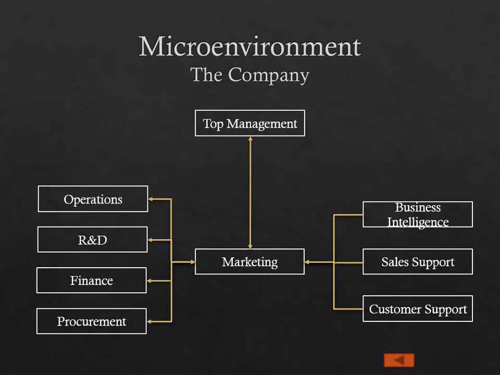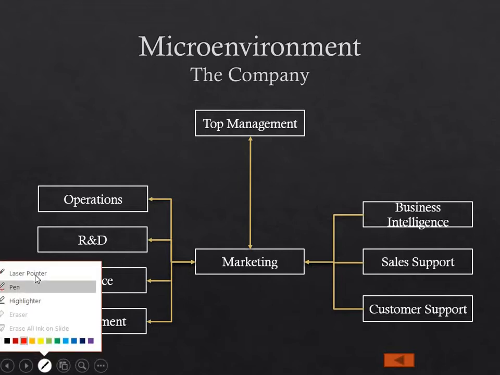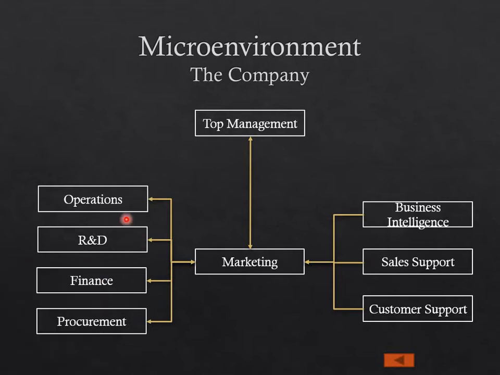Every company has an operations department, a research and development department, a finance department, a procurement department, and a marketing department. Under marketing there are business intelligence, sales support and customer support.